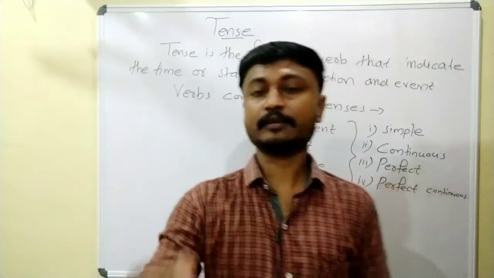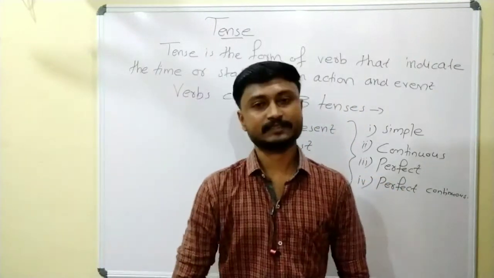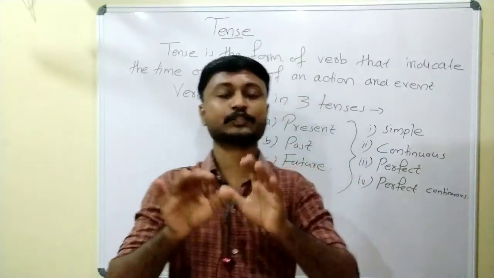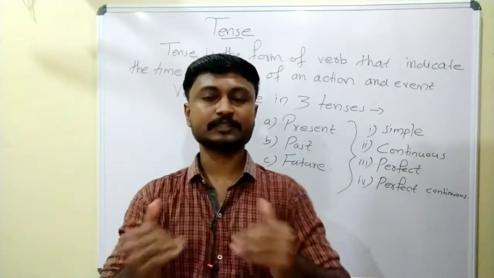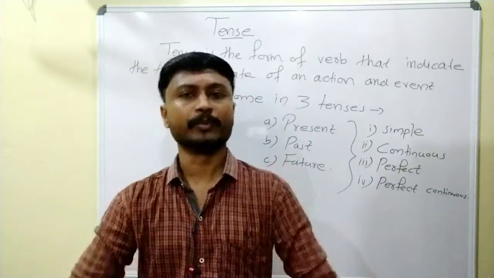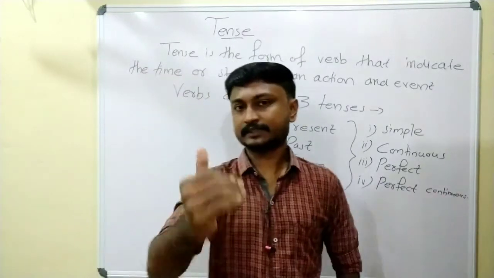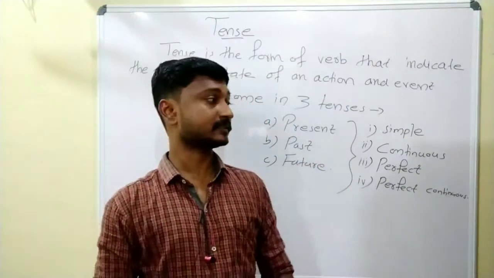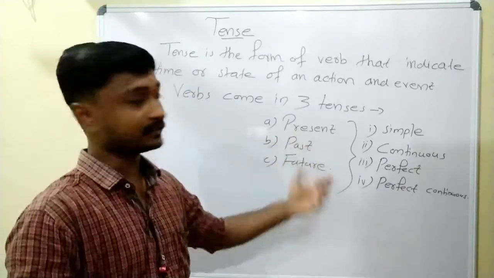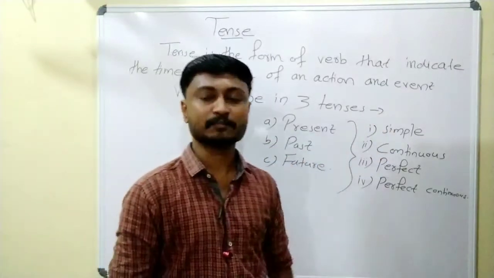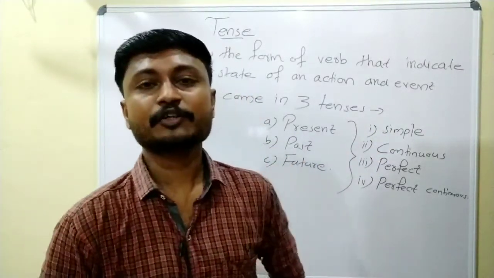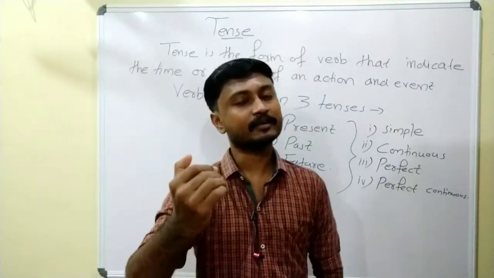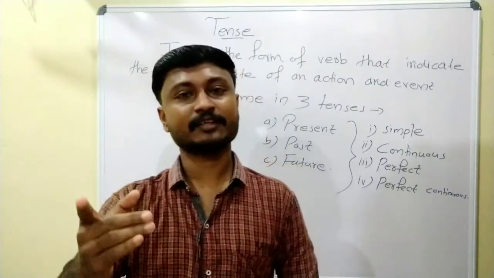That means there are 12 different types of tenses, and these 12 tenses give different meanings. So in the next video onwards, we are going to start all these tenses, and we will start, as usual, with present simple. In the next video, we are going to study the simple present or the present simple tense in English. Till then, bye.